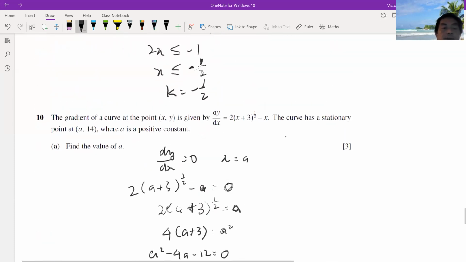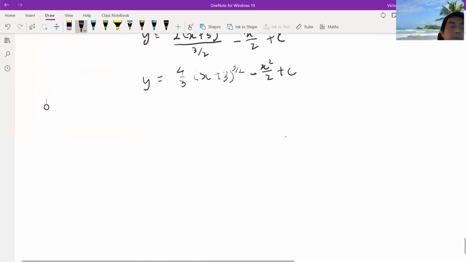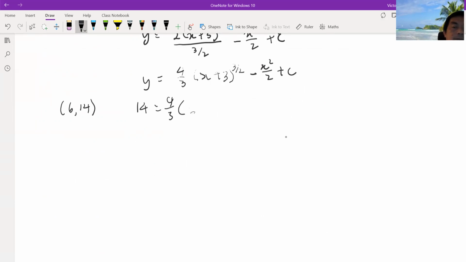Now this will pass through the point A, which is (6, 14). So y would be 14. 14 equals 4 over 3, x is 6, so (2 times 6 plus 3) to the power 3 over 2 minus 6 squared over 2 plus c.